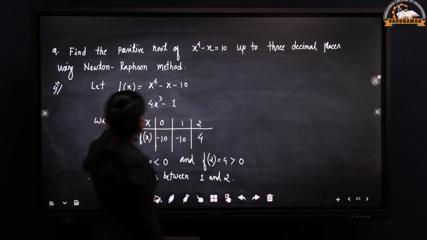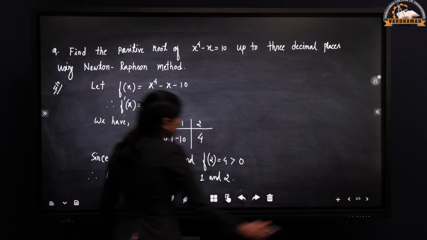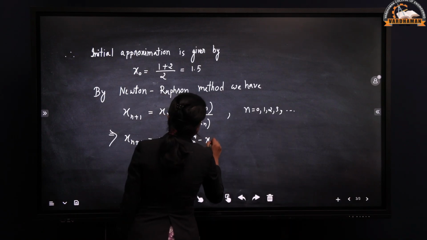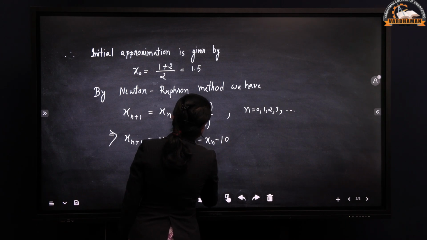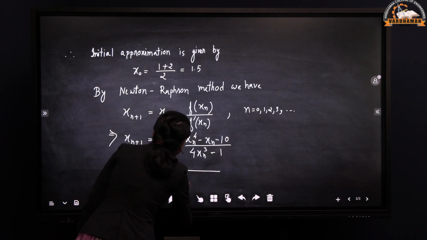Look at this, f of x is x^4 minus x minus 10. So what will be f of xn? It will be (xn^4 minus xn minus 10) by (4 xn^3 minus 1). Now let us take LCM here. So what you will get? 4 xn cube minus 1.